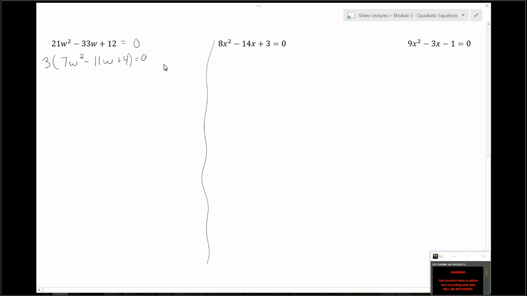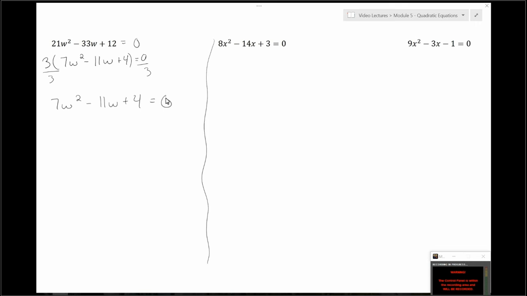When we were just factoring, we kind of ignored that piece, factored the rest of the way, and then attached it at the end. But in this case, I've factored out my 3, and if I divide both sides by 3, it goes away. So the first thing that we should do when we're trying to solve these quadratics is try to factor out a single number from the trinomial.